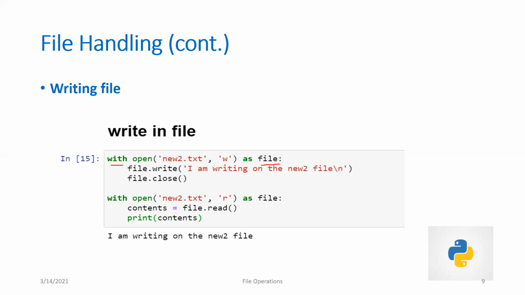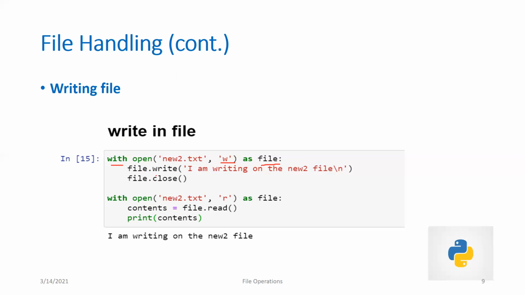It is the same command where I write file equal to open, and this time I created another file, new2.txt, in write mode. See, it is in write mode. That means I'm creating it. It does not exist in my system, but I created it in the same location as my Jupyter notebook. So inside this command, I use a block, file.write.